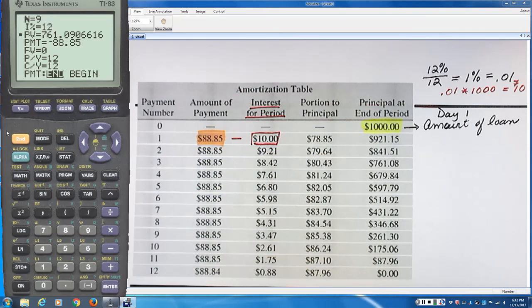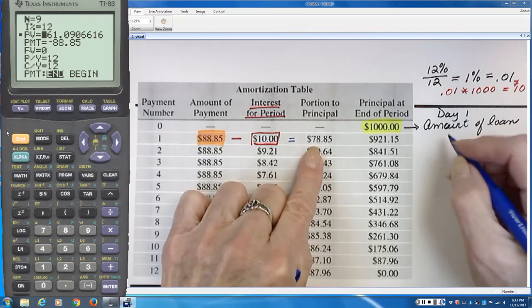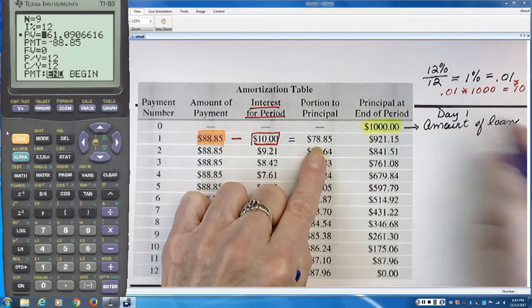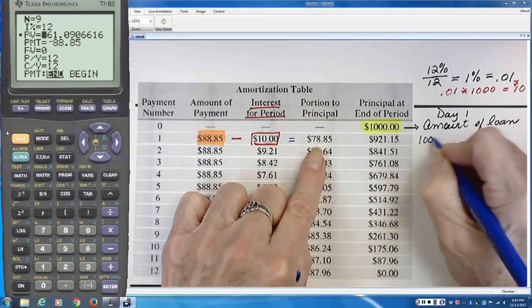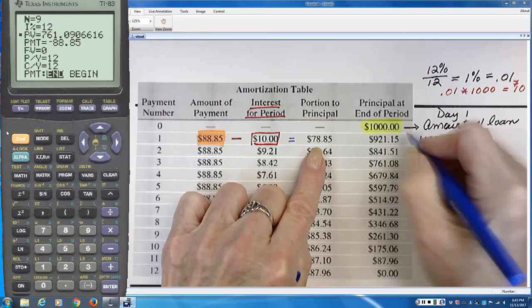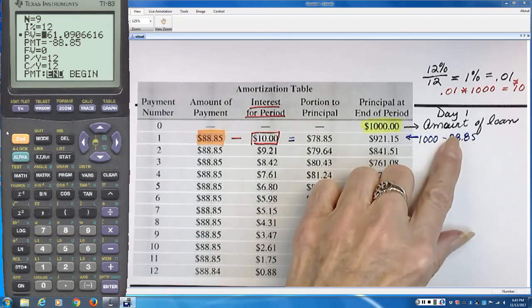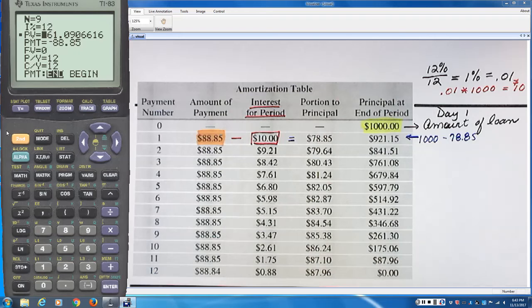Which means that what remained to go to her principal and reduce her debt was $78.85. So her $1,000 minus $78.85 gives you her new balance. Everybody following so far?